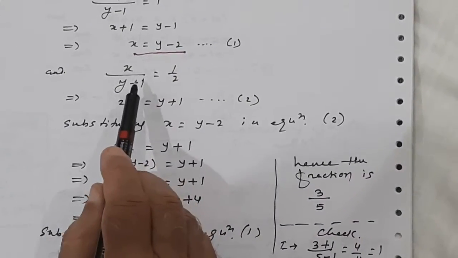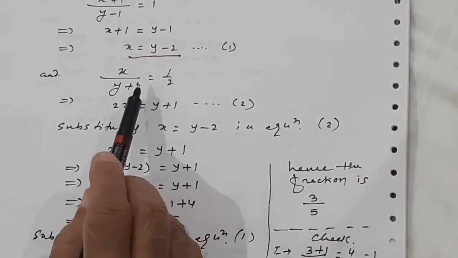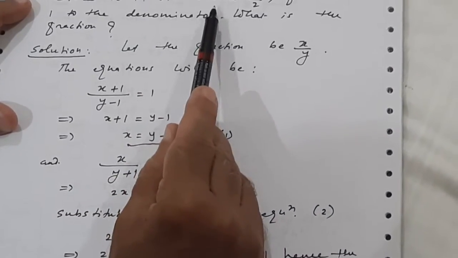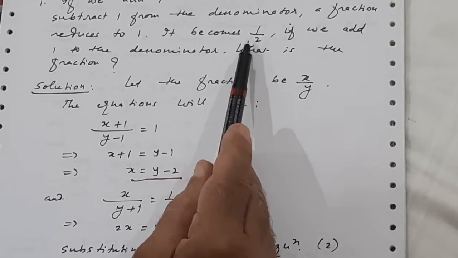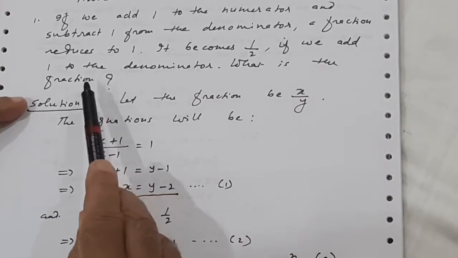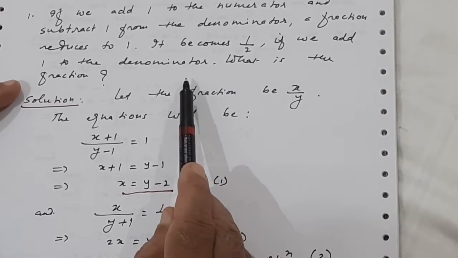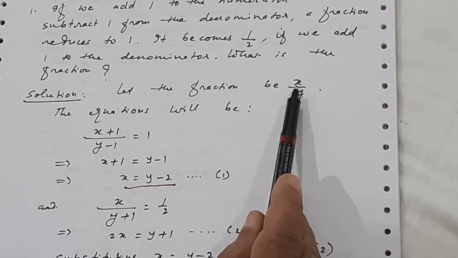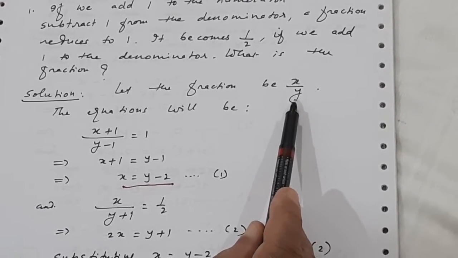Now let us get the equation 2. Let us read the condition. Second condition is, it becomes 1 upon 2, means the value of the fraction becomes 1 upon 2. If we add 1 to the denominator, so now numerator we are not changing. So the original fraction is x upon y.